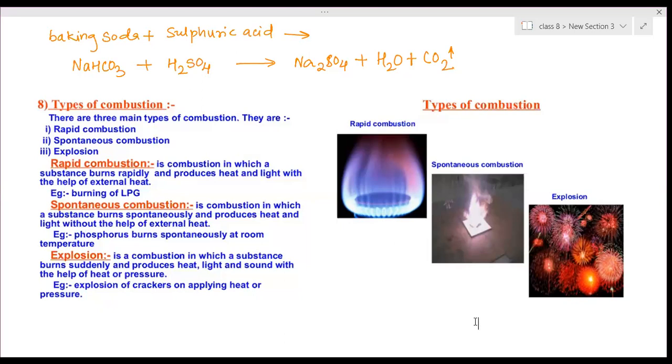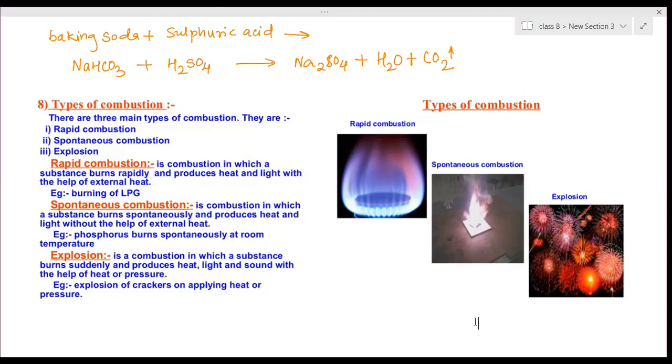With a lighter also, one small strike happens inside due to electricity, and that strike is enough for the LPG to start burning. So that means some cause is needed to burn that substance. Directly that substance won't burn. Some external effort has to be applied on that object, then only it will start burning.